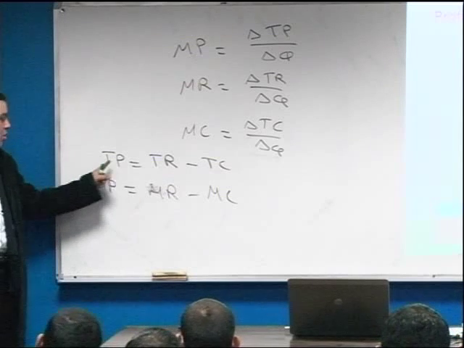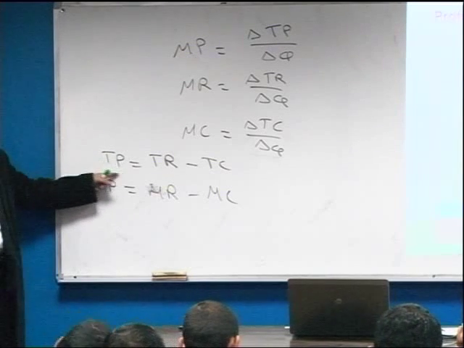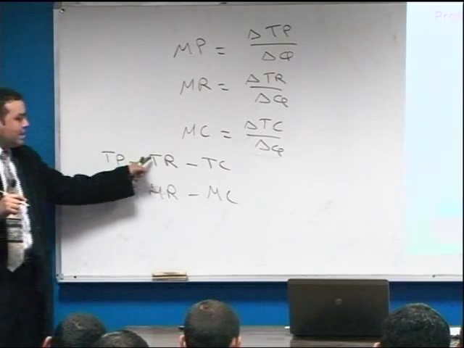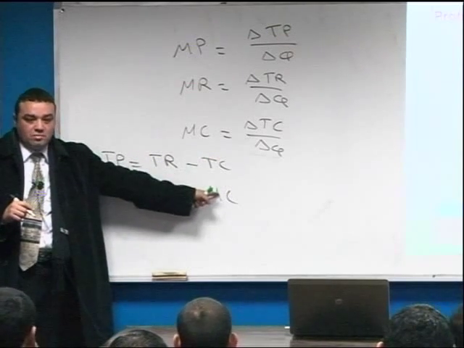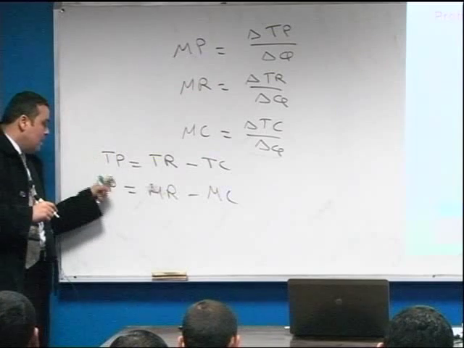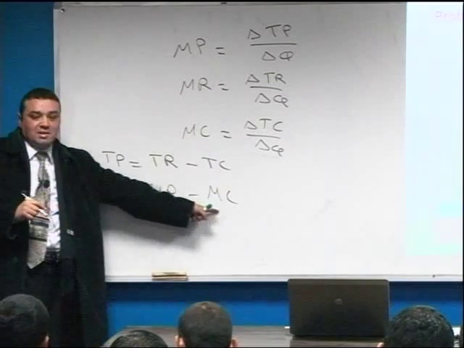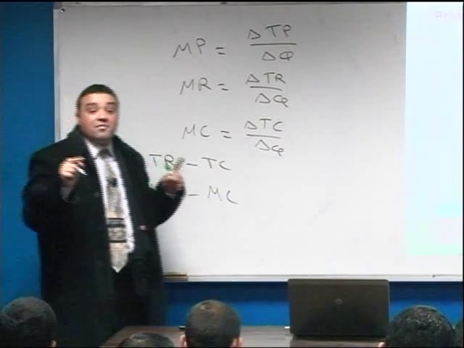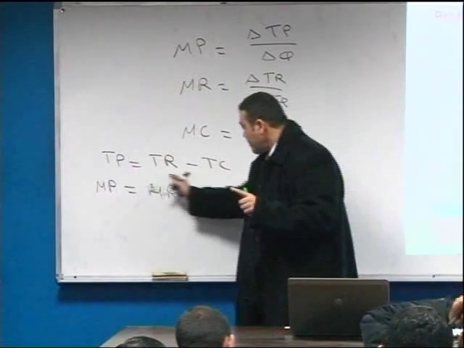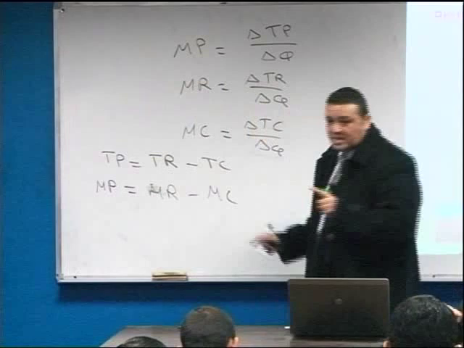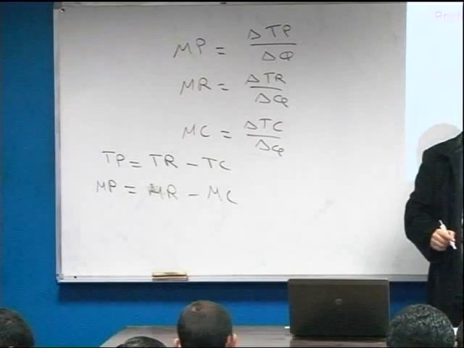It is the same, because delta TP over delta Q equals delta TR over delta Q minus delta TC over delta Q. So MP equals MR minus MC, and the profit is maximized when MR equals MC, as we mentioned, and the marginal profit equals 0.